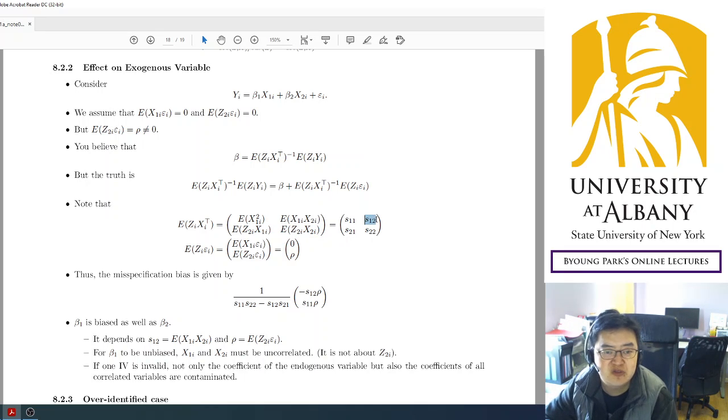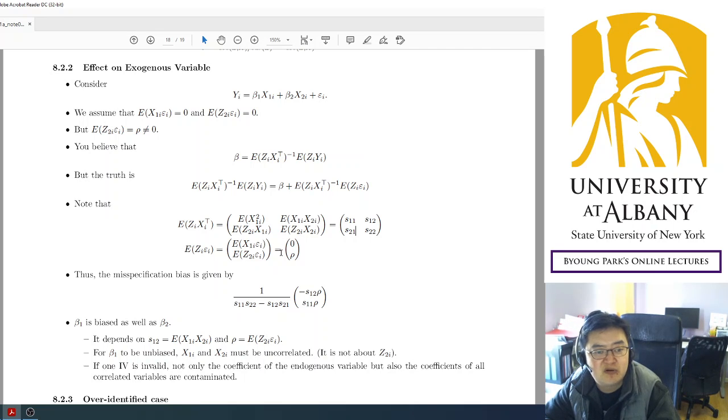And S12 is the covariance between two regressors, and S21, so now it's different. S12 and S21 are different. Previously they were the same, but now they are different. S21 is the covariance between instrument and the innocent regressor. So a little more complicated than before.